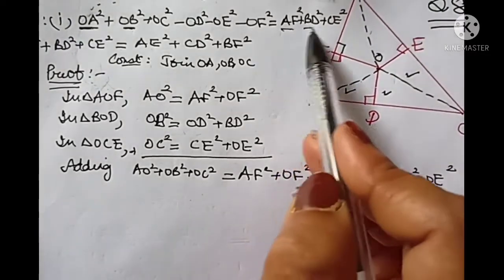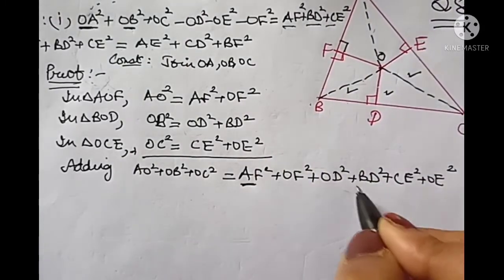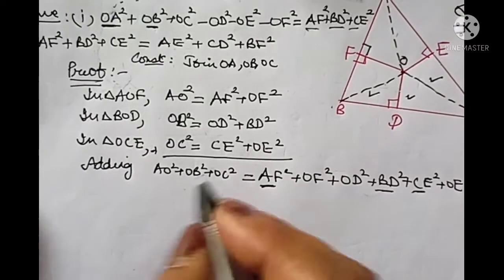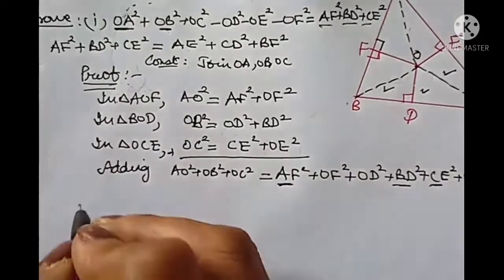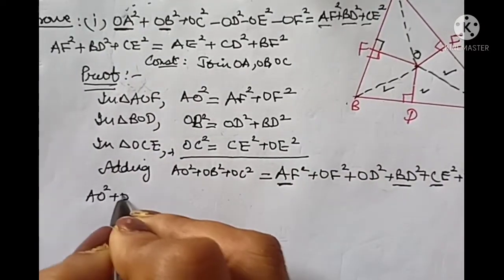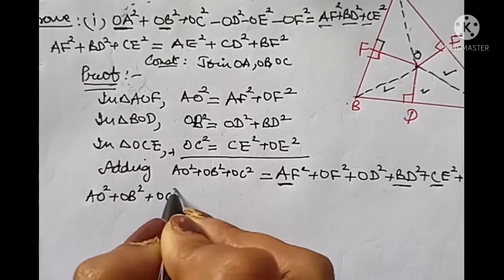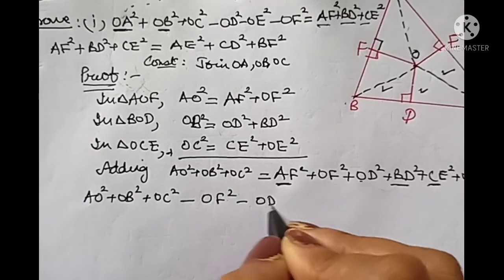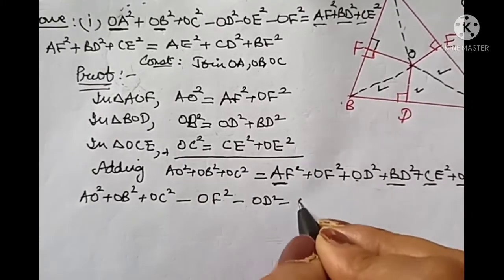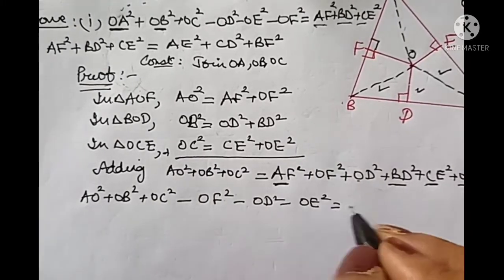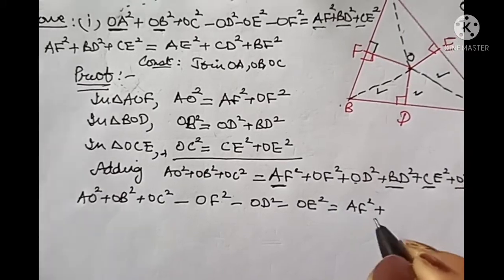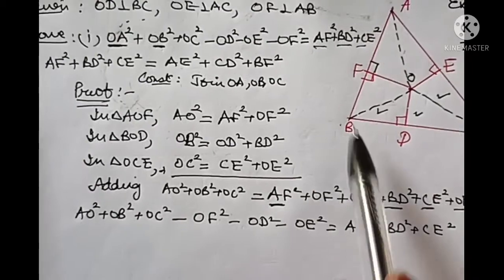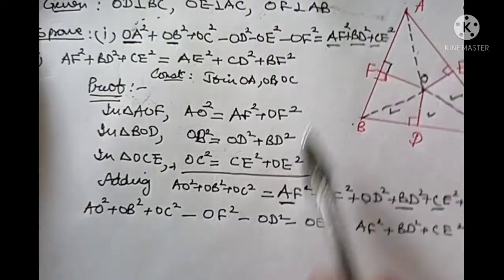We want AF, BD and CE on right hand side. Bring all the other 3 things on left hand side. What do I get? I get AO square plus OB square plus OC square minus OF square minus OD square and minus OE square. And on right hand side I am left with AF square plus BD square plus CE square, and you can see that the first part has been proved.